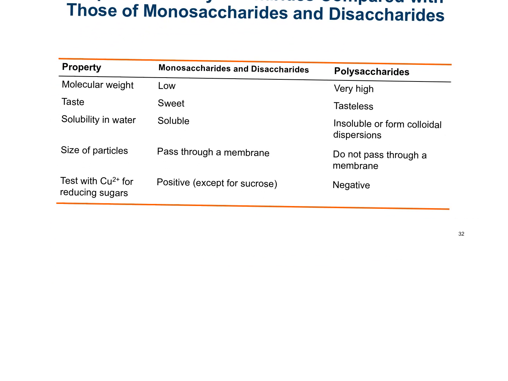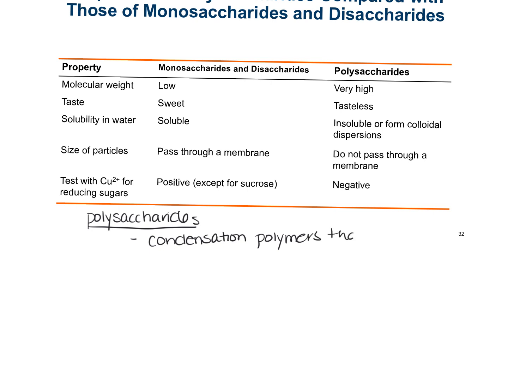So I want to give you some information about polysaccharides here. When we talk about polysaccharides, these are just condensation polymers that contain thousands of units. They are not water soluble, as we mentioned, but they become hydrated individually when exposed to water, which we talk about right here. And so they can form those thick colloidal dispersions.